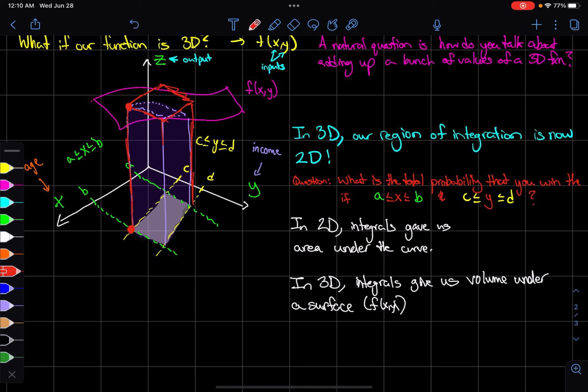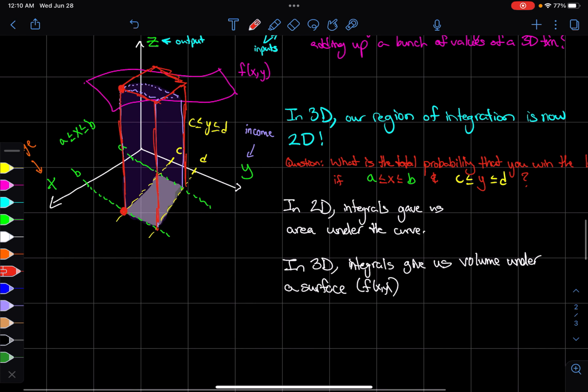Okay, this red thing that I just drew here. Okay, and hopefully you can see that it's not a good guess. But the idea is very similar to calculus 2. The idea is that we are going to add up a bunch of kind of tiny little rectangular volumes.